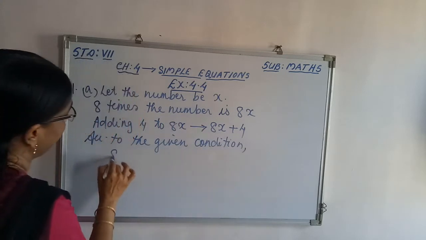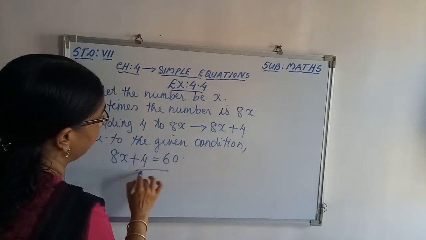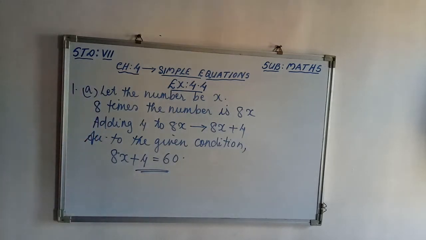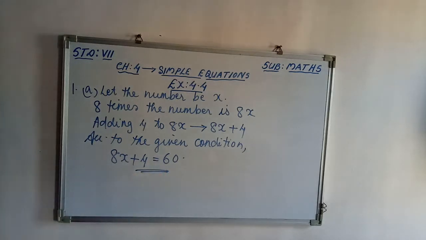We can write 8x plus 4 is equal to 60, which is the equation. Now we have to solve this and find out the value of x. So 8x plus 4 is equal to 60.